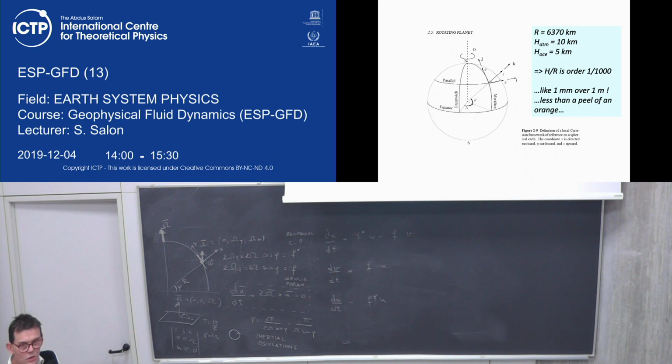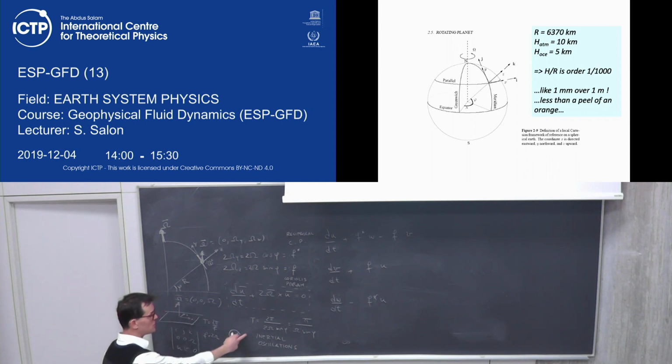Okay? So we do not have wind, pressure, heat fluxes, nothing. We just have a parcel of fluid which is simply in quiet, over which only the Coriolis force is acting. Okay? And what we obtain is the inertial oscillation.